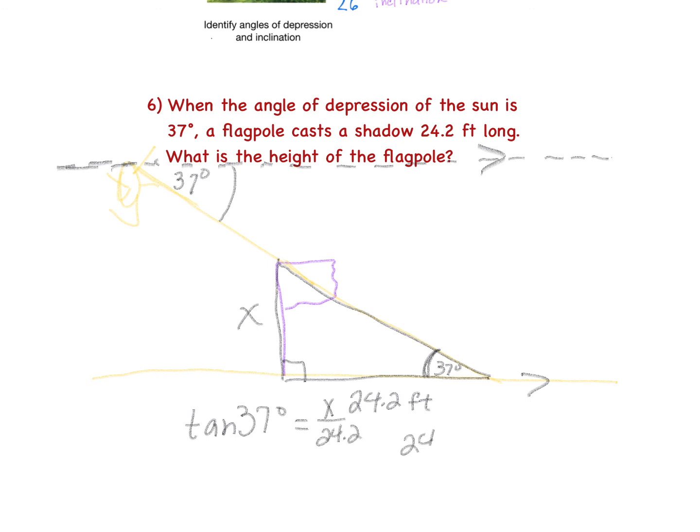So 24.2 times the tangent of 37 equals x. That's calculator ready form. I'll put that into the calculator.